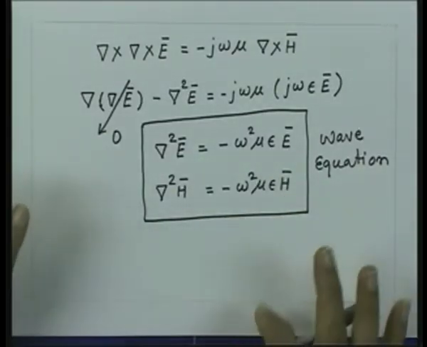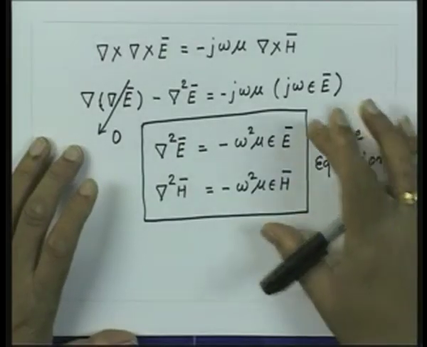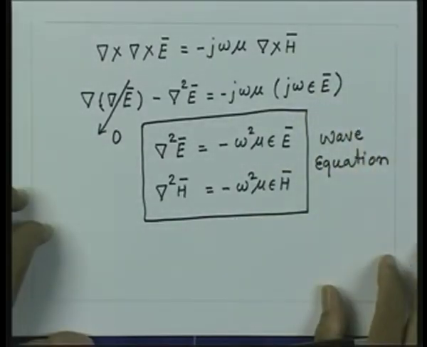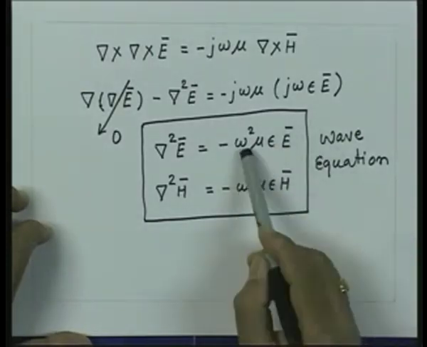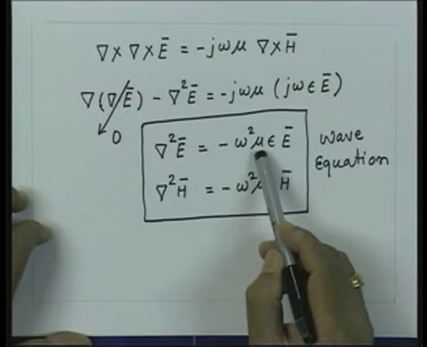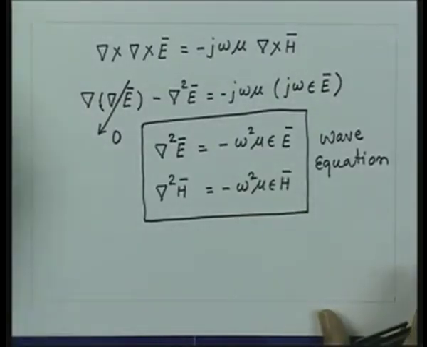So, essentially what we are now interested in is the solution of the wave equation in 3-dimensional space for time harmonic fields having frequency omega, and for a medium having permeability mu and permittivity epsilon. That is the problem now.